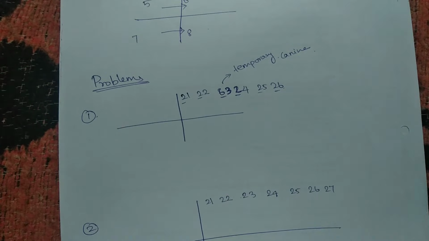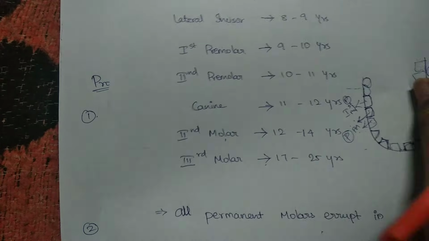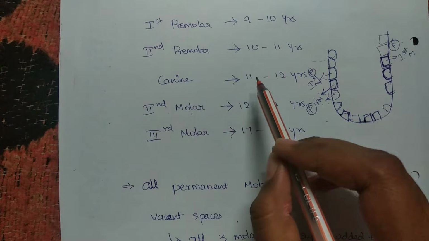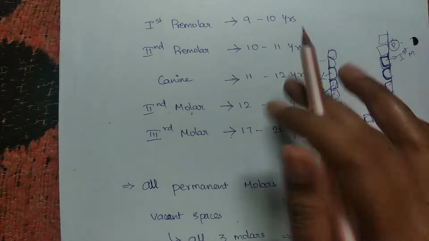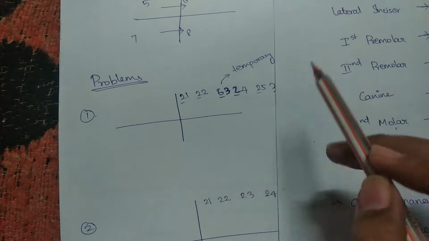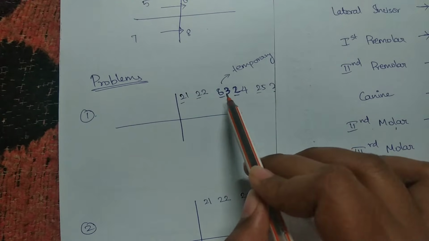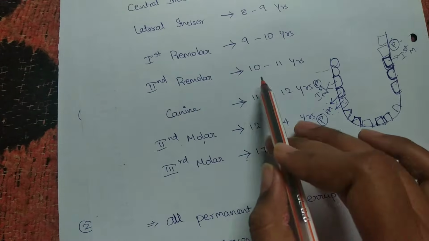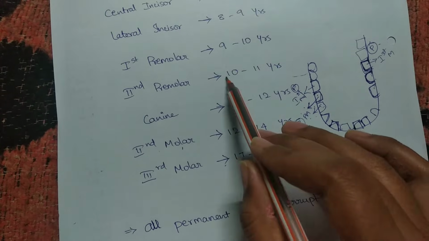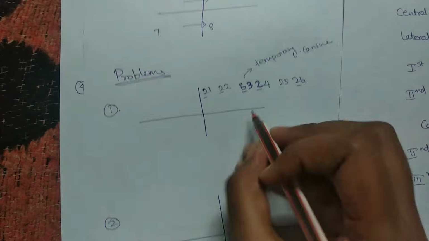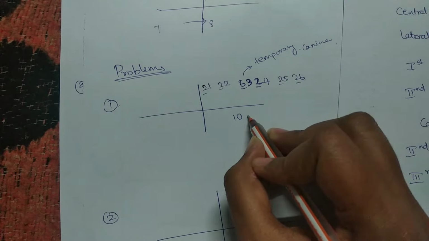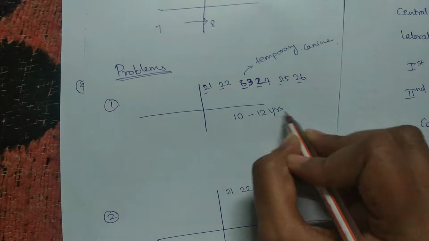When will the canine fall off? The canine will fall off at an age of 11 to 12 years. Here the canine didn't fall, so this temporary tooth is still present. So the child's age will be around 10 to 12 years.